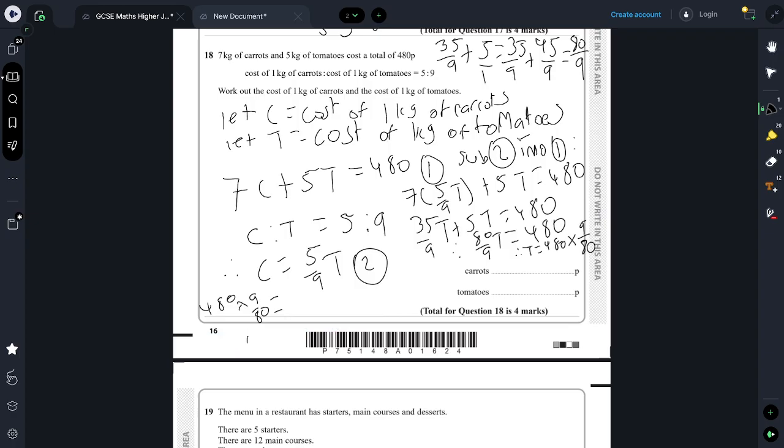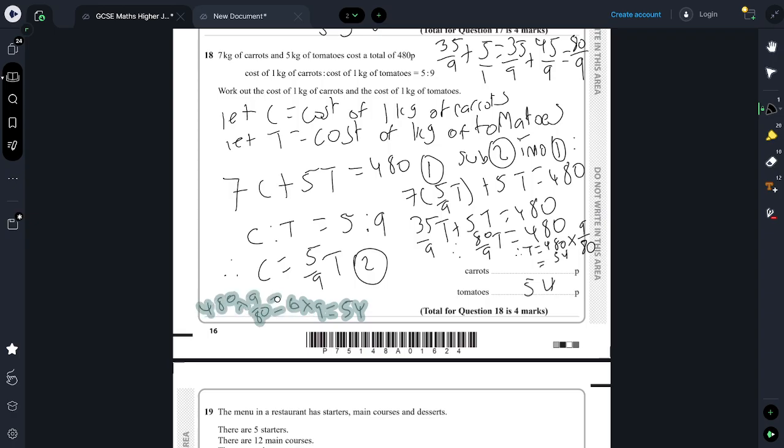So this will cancel this, and I believe it's 6 times 9, which would be 54. So that means T is 480 times 9 over 80, which is 54. Remember, T is the cost of 1 kilogram of tomatoes. Well, we just saw T is 54p. Okay.